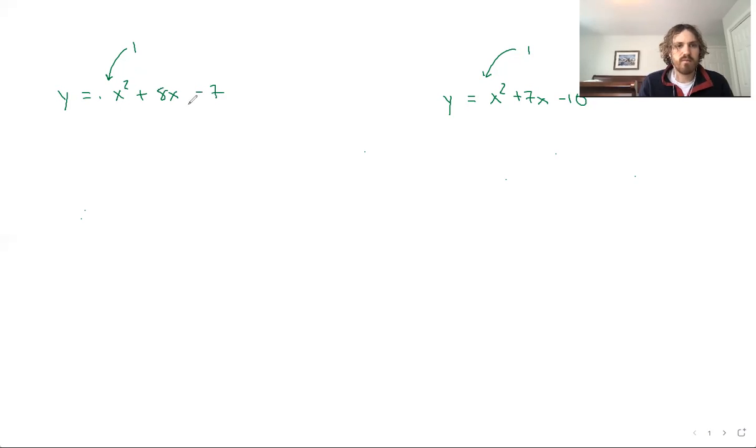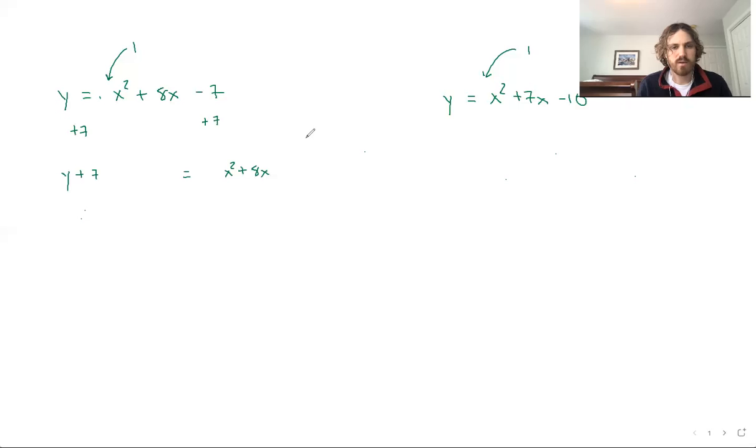And so remember that really what we want is to just have the 1x squared plus whatever bx is. So we're going to add 7 to both sides, just move this constant out of the way over here. And that gives us y plus 7 is equal to x squared plus 8x.